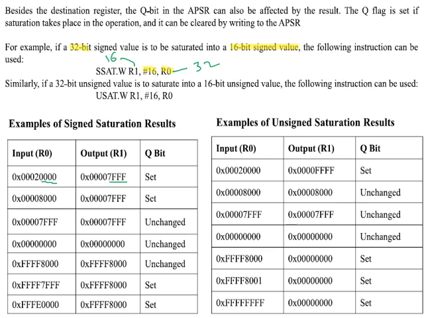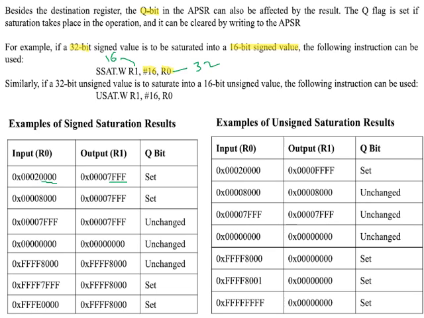How is this understood? This is understood with the help of the Q flag. If you remember, while discussing APSR, I told that Q and one more flag will be discussed later, correct? So the Q bit is used with respect to saturation conditions, okay.